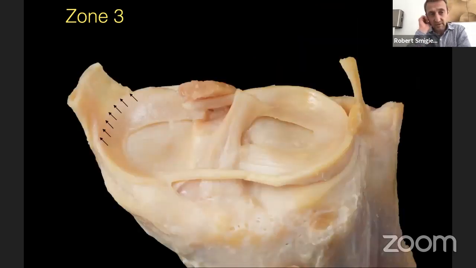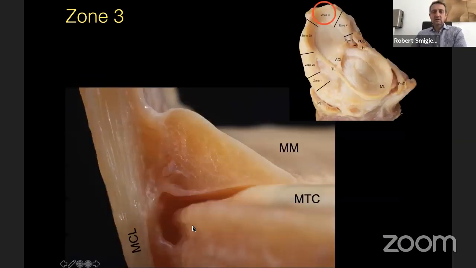Then we go to a very interesting zone, zone 3. Zone 3 is next to the MCL. Why is it interesting? Because in zone 3 the characteristic is that you have the MCL, which is here, and then these two parts, meniscofemoral and meniscotibial, or coronal ligament.